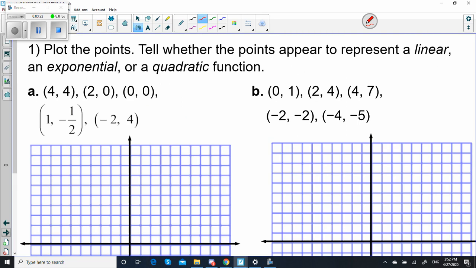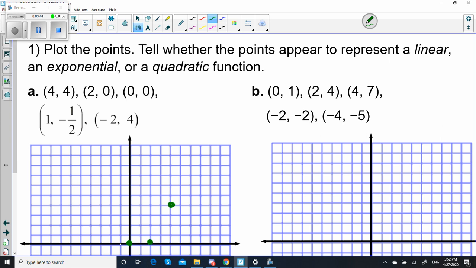All right, so if we look at number 1, it says to plot the points and tell whether the points appear to represent a linear, exponential, or quadratic function. So let's go ahead and plot. So (4, 4). 1, 2, 3, 4. Up 4. (2, 0). (0, 0). So we can already tell that that is not a straight line. It's curved.